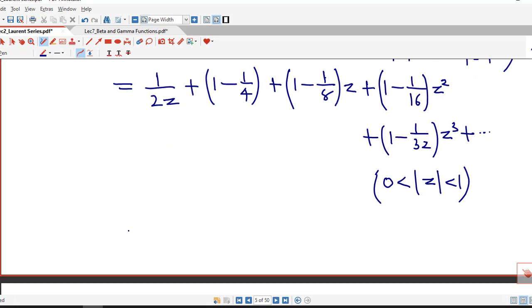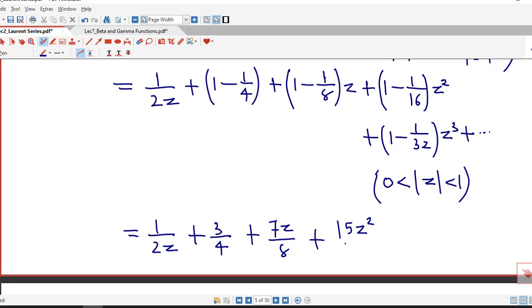So now we rewrite all these terms. This is going to be 4 minus 1, that is 3 by 4. This is going to be 7z by 8. This is going to be 16 minus 1, 15z square by 16, and 32 minus 1, 31 z cube by 32, and so on. And this is nothing but our function f of z.